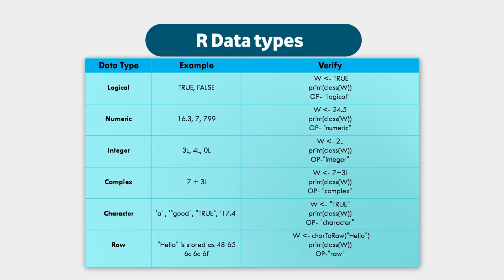What a raw data type means is that you can store data the way it is stored in assembly, machine or low level language. That is why "hello" is stored as 48 65 6C 6C 6F, a hexadecimal number.